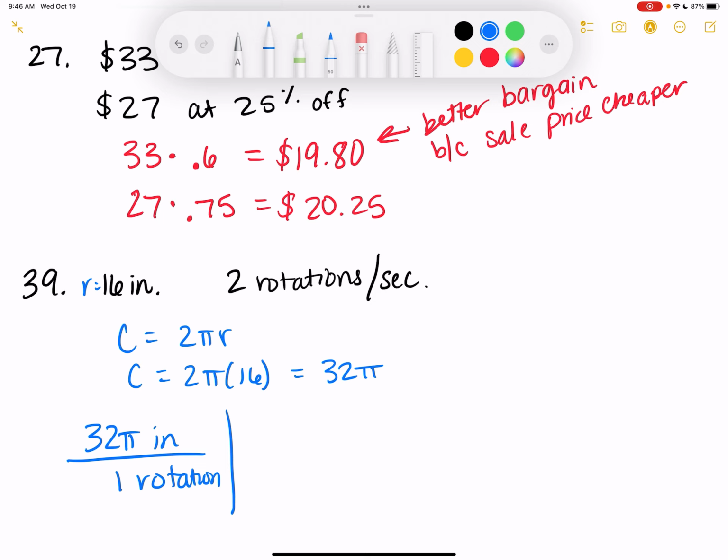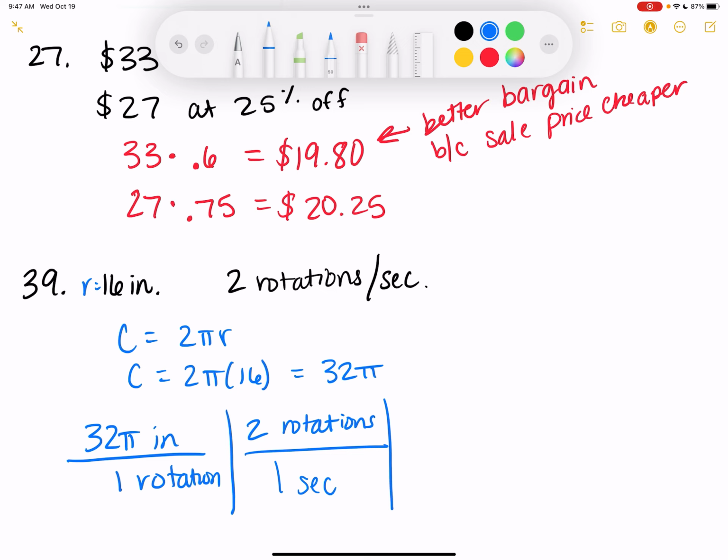Okay, we've got 2 rotations going on in this problem, so 2 rotations per 1 second. I need to go inches to feet to miles, and then I need to go seconds to minutes to hours to get miles per hour.